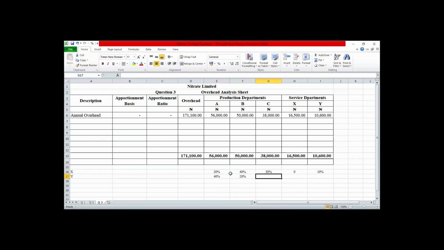The next one, C, 20% as well. What about for X? 20% as well.